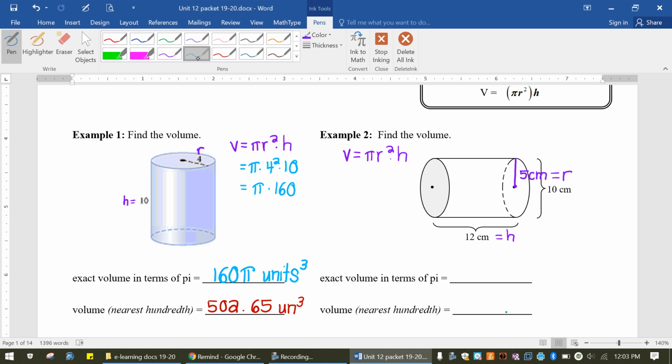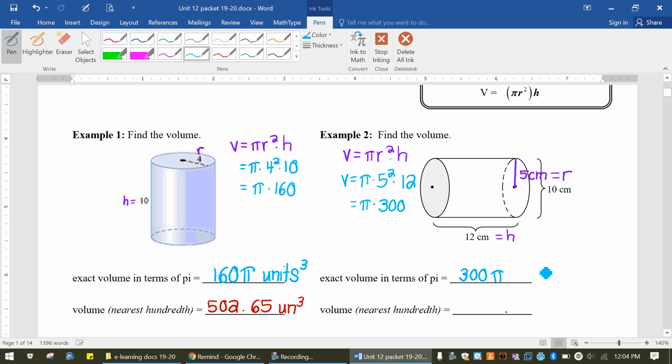So we're going to substitute those values into our formula now. So pi times 5 squared times our height of 12. So 5 squared is 25 times 12 is going to be 300.